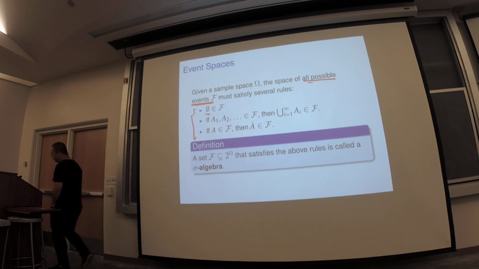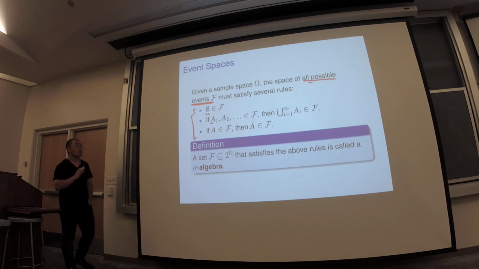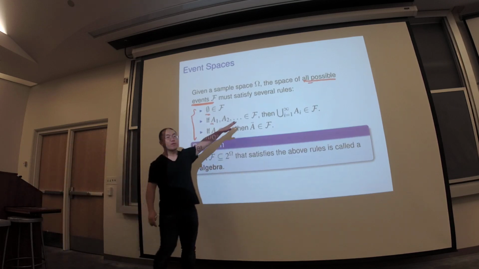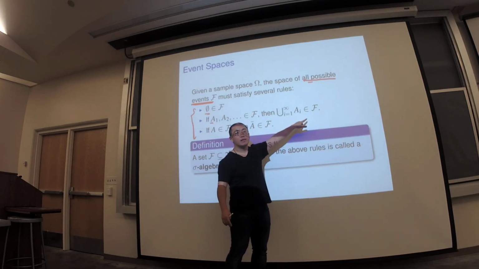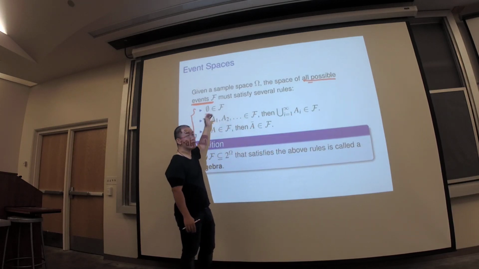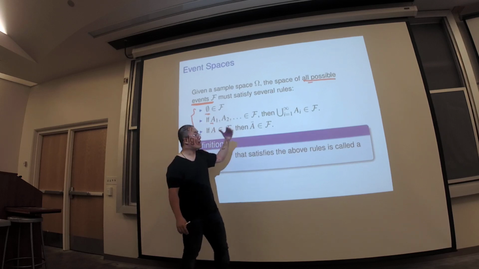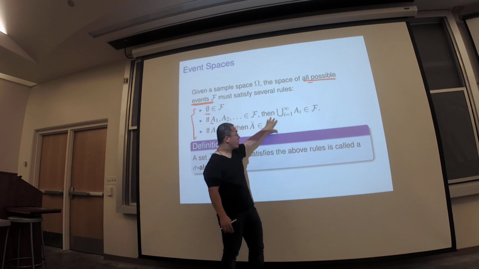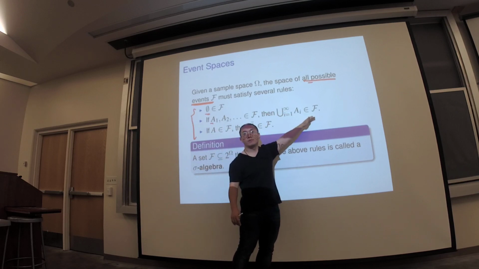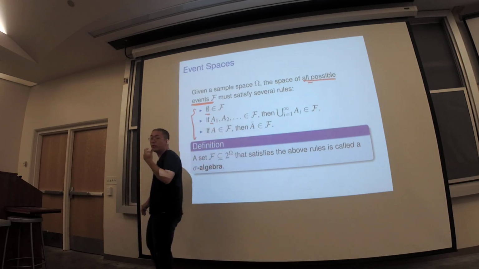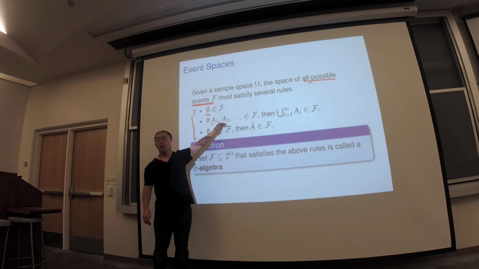And second, if you have a bunch of events which belong to F, then their union must belong to F. This set of events can even be an infinite number, but you need to ensure that the union of this infinite number of events must still belong to F. So it's closed under the union of the events.